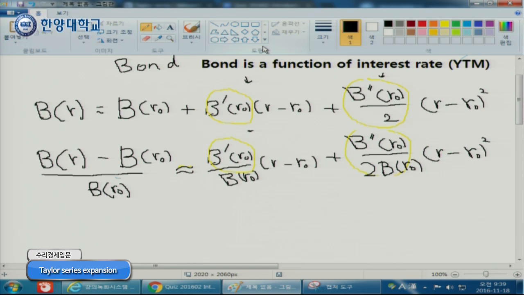Now look at this one. Well, now it is the return of the bond, right? Numerator is the change of the bond price. Denominator is today's bond price. So the ratio is called return. Return or percentage change of bond price, in some sense.